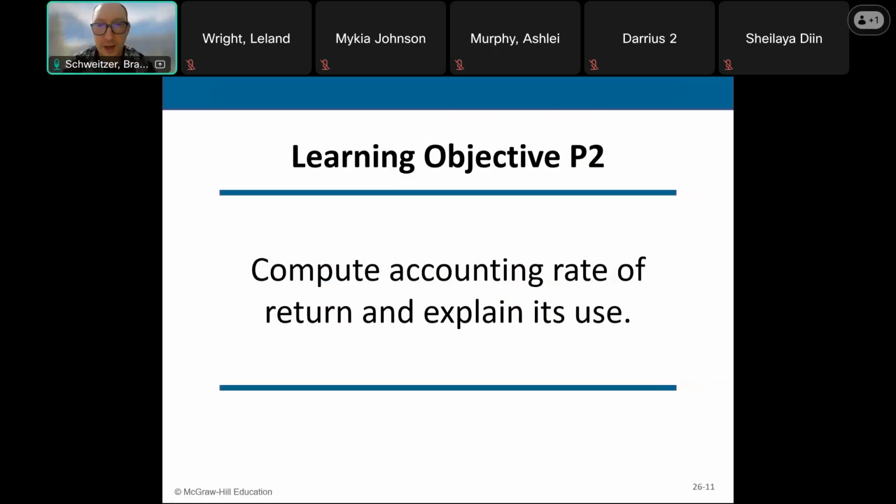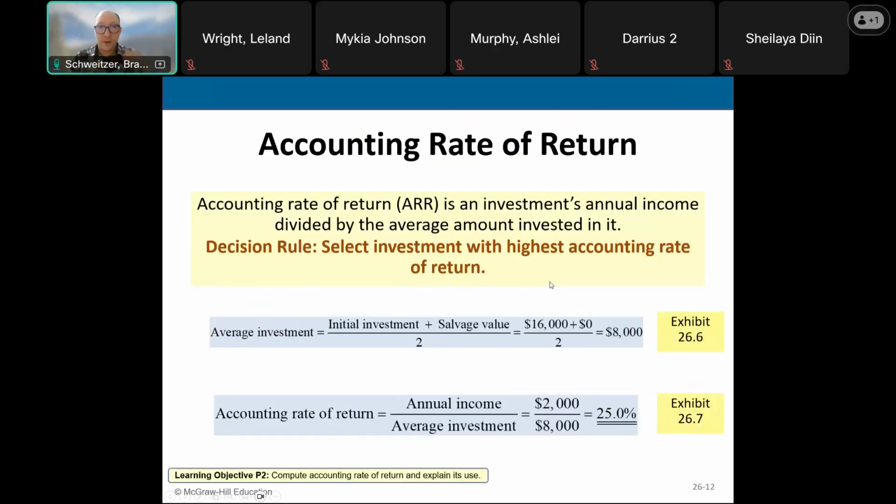Relatively simple. The next concept I want to talk about today is called the accounting rate of return. This is different than the internal rate of return. The accounting rate of return, basically what it tells us is how much return I would expect from this investment on an annualized basis.